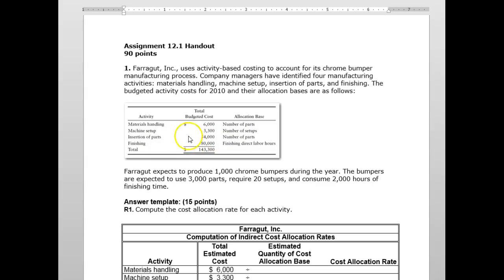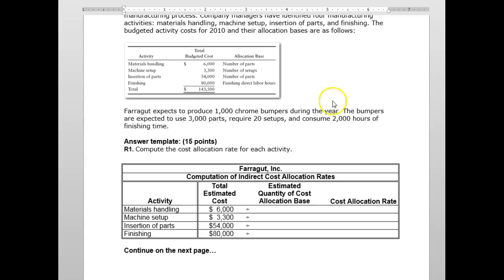Machine setup is 3,000, by number of setups. Insertion points, 54,000, by number of parts, and finishing, 80,000, and the allocation base is finishing direct labor.